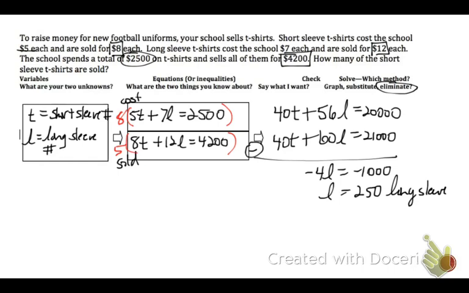Well, if I would have eliminated the other way, then right now I wouldn't have my answer. But that's okay. So I'm going to just take my 250 and plug it into one of my originals. I think I'm going to plug it into my top equation here. So what that's going to look like is 5t plus 7 times 250 equals 2,500.